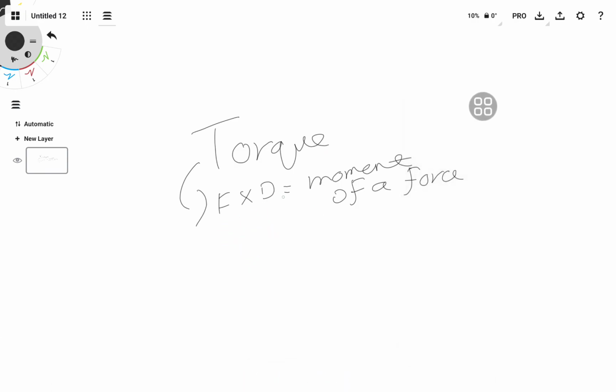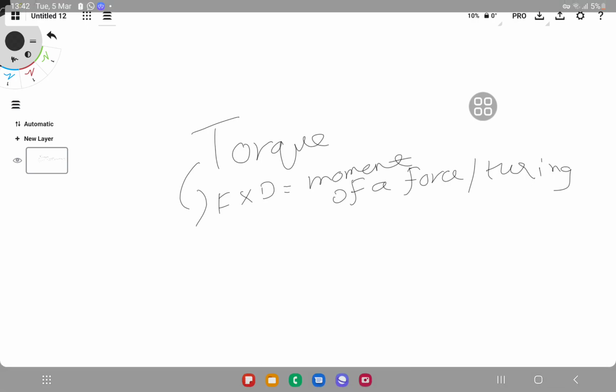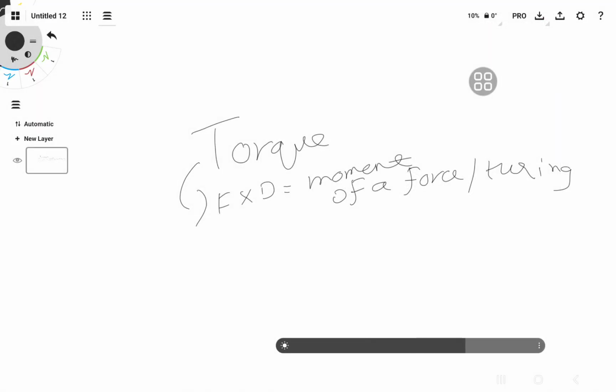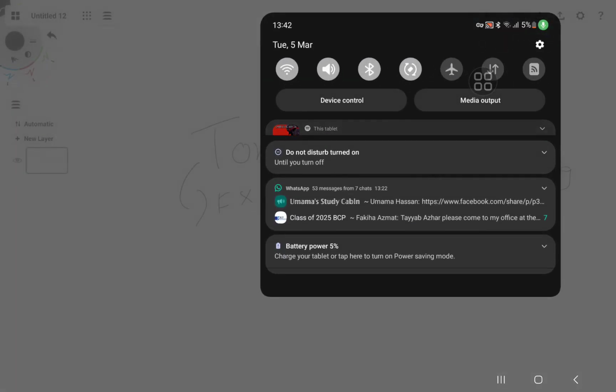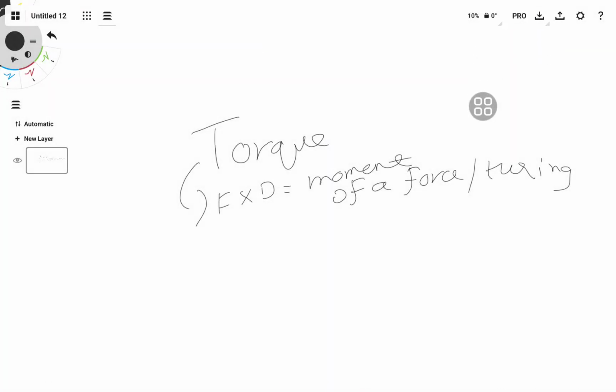This is also the same term you would use for work, power, energy, but we'll first do moment of a force, turning effect. Torque, F into d, moment of a force, turning.